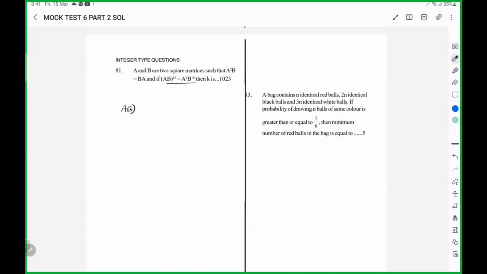AB whole power 10. Before finding that, I will write AB of AB, BA of B. BA here is, so which I can write A cube B square.